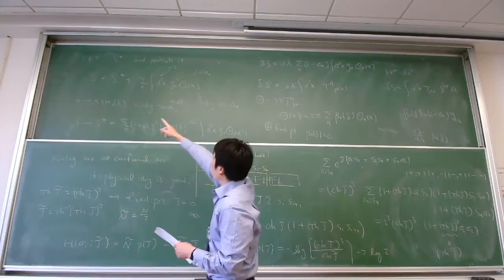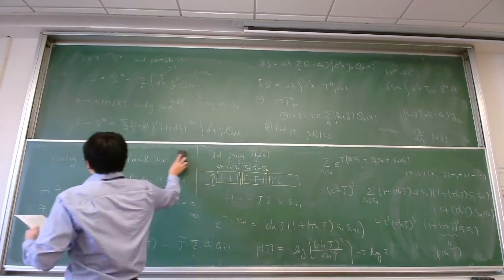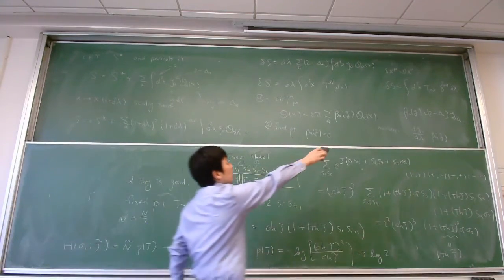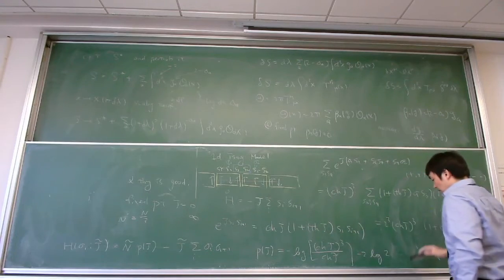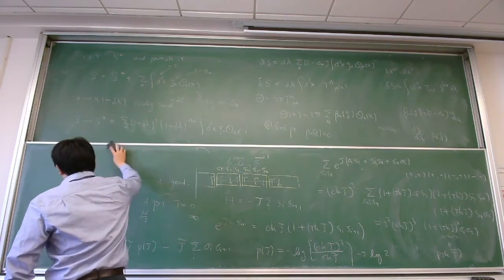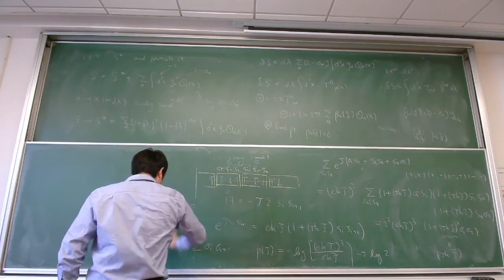And if we start with a conformal field theory and do a small perturbation, this equation tells us that the coupling constant grows like this way.